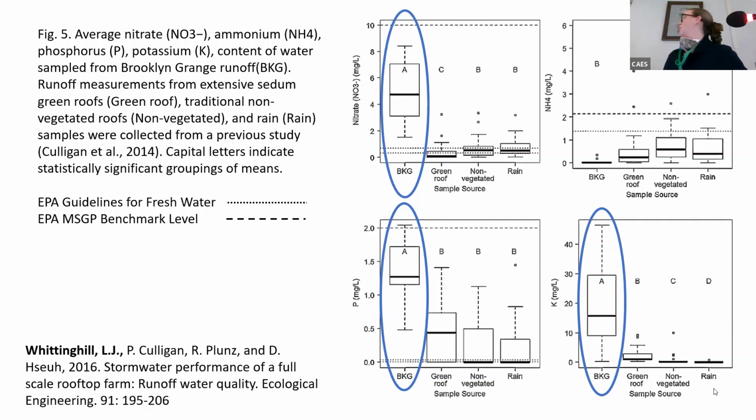So we sampled from the Brooklyn Grange from the inlet to the stormwater system on the roof, so it wouldn't include anything from roof pipes or anything like that.